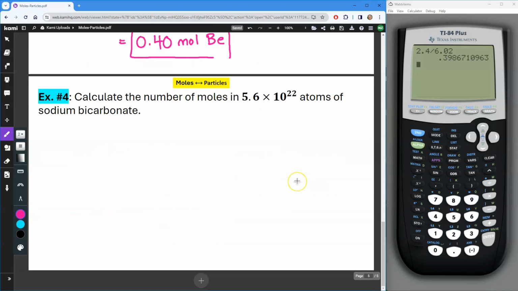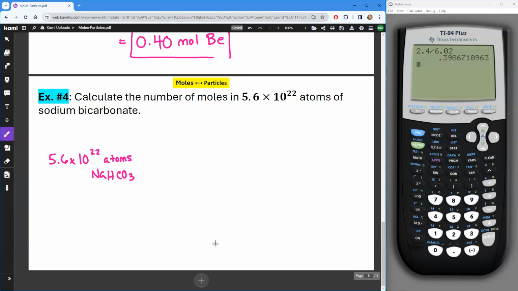All right, let's do one more. This one's going to be a little harder. It says calculate the number of moles in 5.6 times 10 to the 22nd atoms of sodium bicarbonate. All right. So let's do 5.6 times 10 to the 22nd atoms. And then sodium bicarbonate, I'm going to write out the chemical formula. It's NaHCO3.